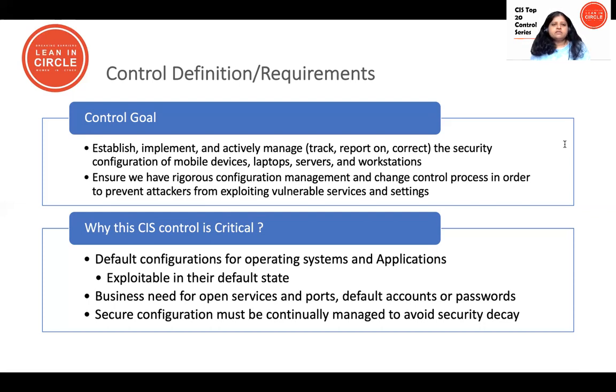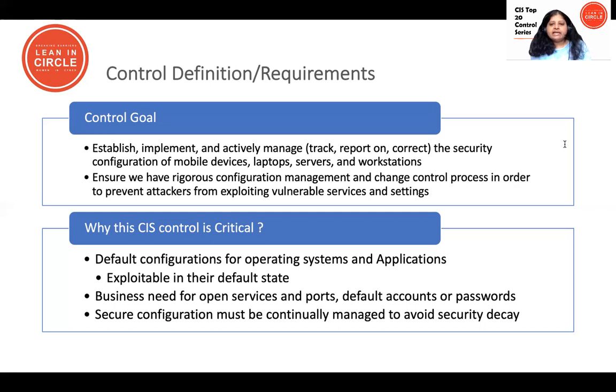Apart from this, there is secure configuration of hardware and software on mobile devices, laptops, workstations, and servers. This is part of the basic group. Why is it kept in the basic group? Because this is back-office work done by IT and security and should not be handled by users in the front office.